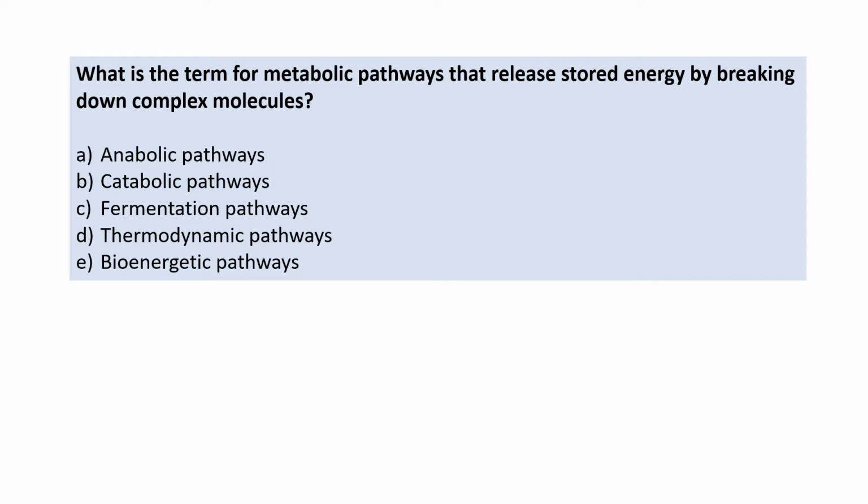Okay, if you have a question about this particular statement, you can watch the following explanation, but here the key is this. Metabolic pathways, and here you need to remember this is the part that you have to pay a lot of attention to. Release stored energy. How? By breaking complex molecules.